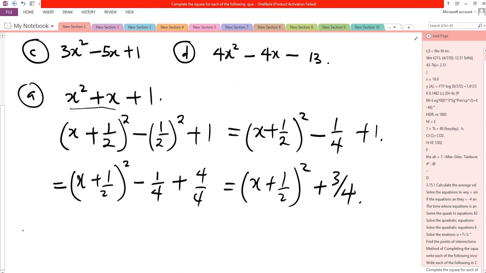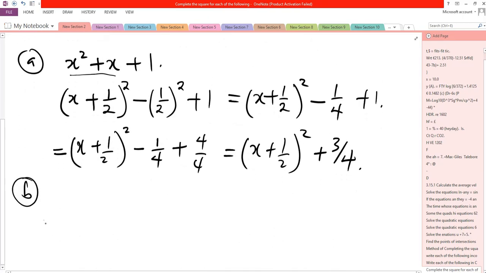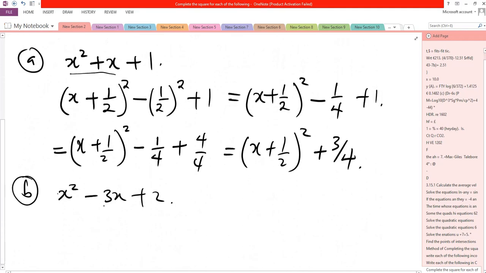Now let's do b. You have x squared minus 3x plus 2. The coefficient of x squared is 1, so we're going to do it in this same form.